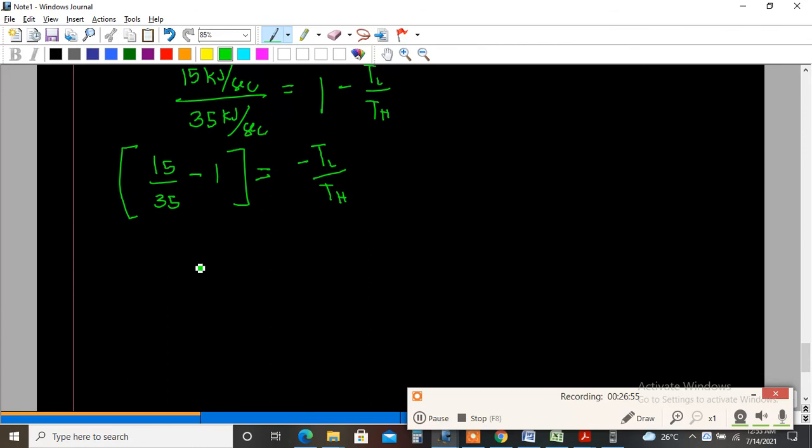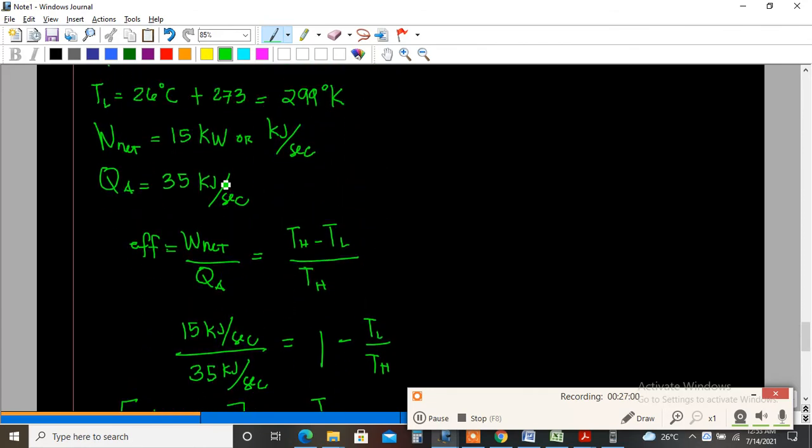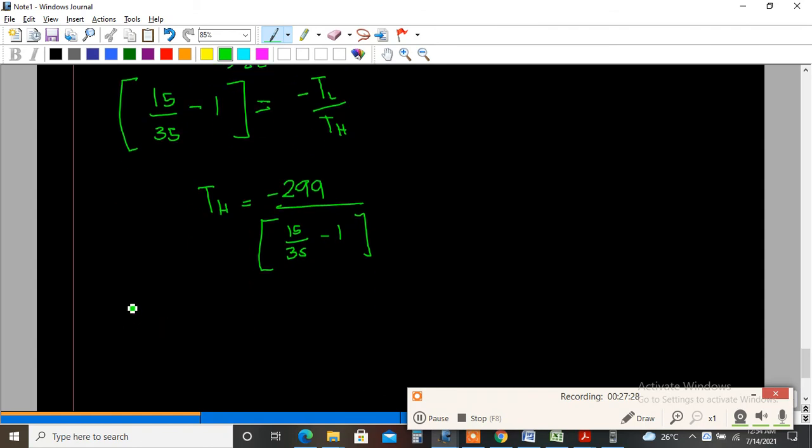We are looking for TH, right? TL is given, which is 299. Cross multiply, TH will be equal to 299 over 15 over 35 minus 1. So this will also be negative.